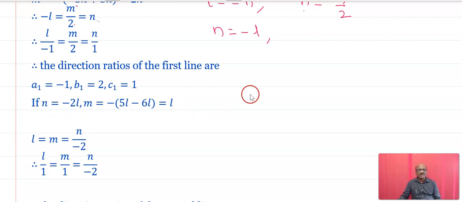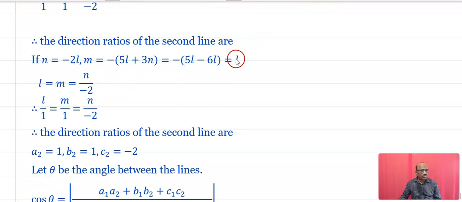Now here n equals l, and therefore l equals m equals n upon minus 2. m and l both are equal, therefore we have l equals m. And l equals minus n by 2, and this is replaced by n.